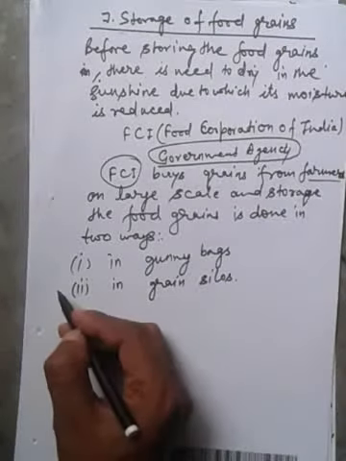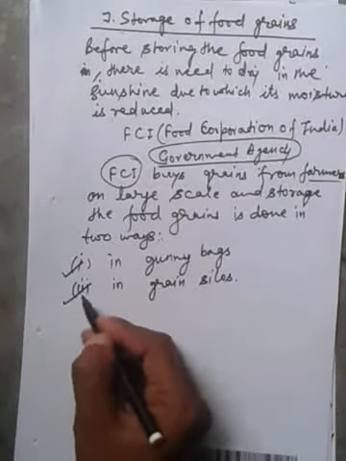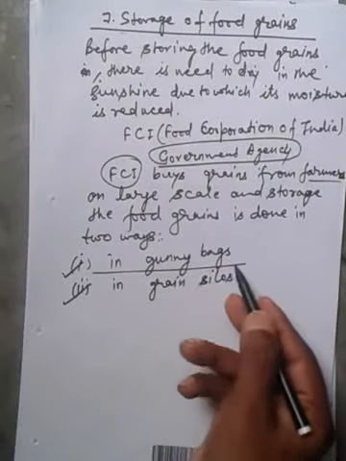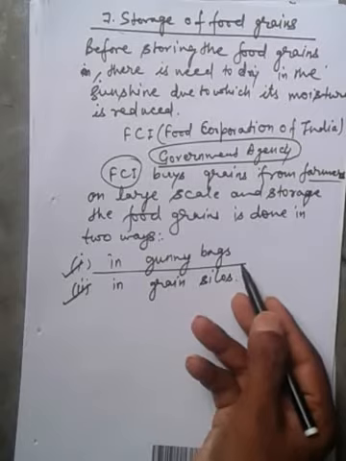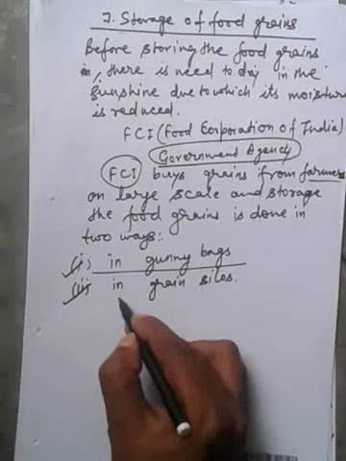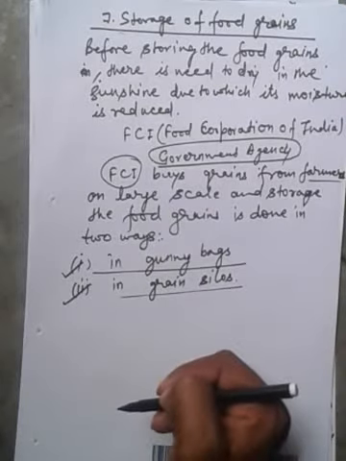FCI stores the food grains in two ways: in gunny bags, and in grain silos.